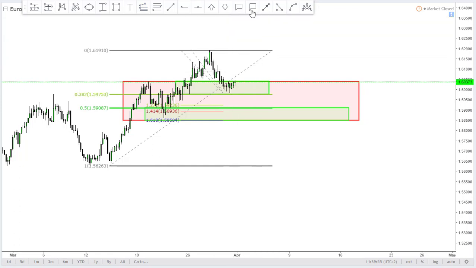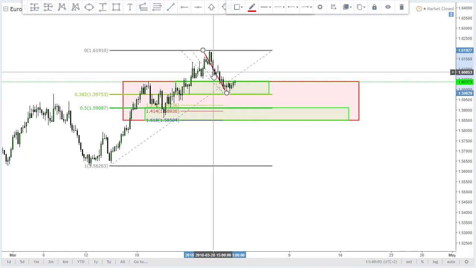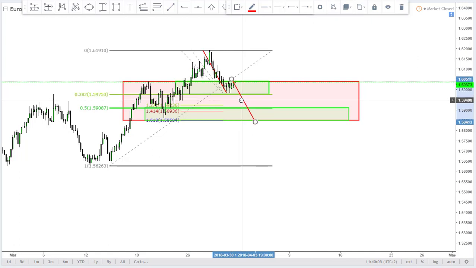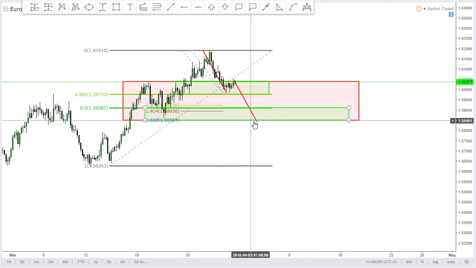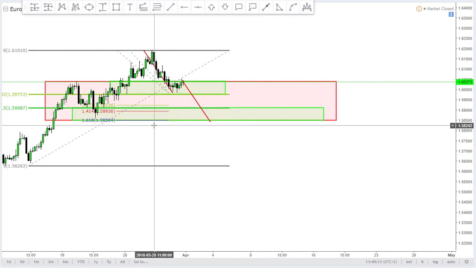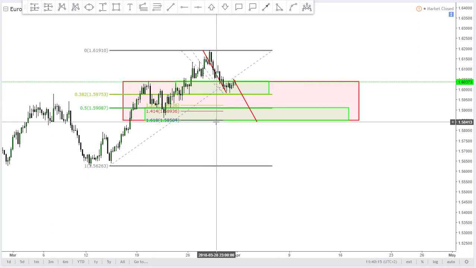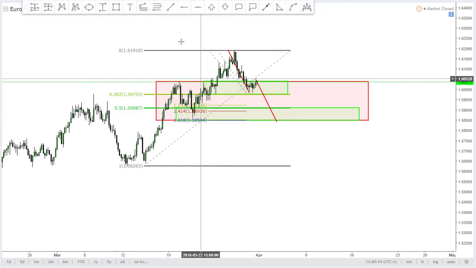I'm going to have an ABCD pattern terminating over to our 1618 extension level, and you see it goes a little bit beyond that 1618 extension level, but it's okay. It terminates over to these support levels right here.